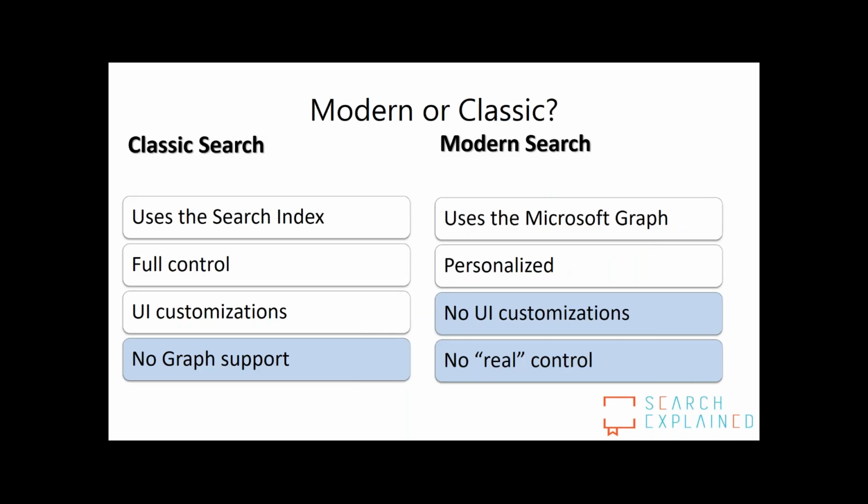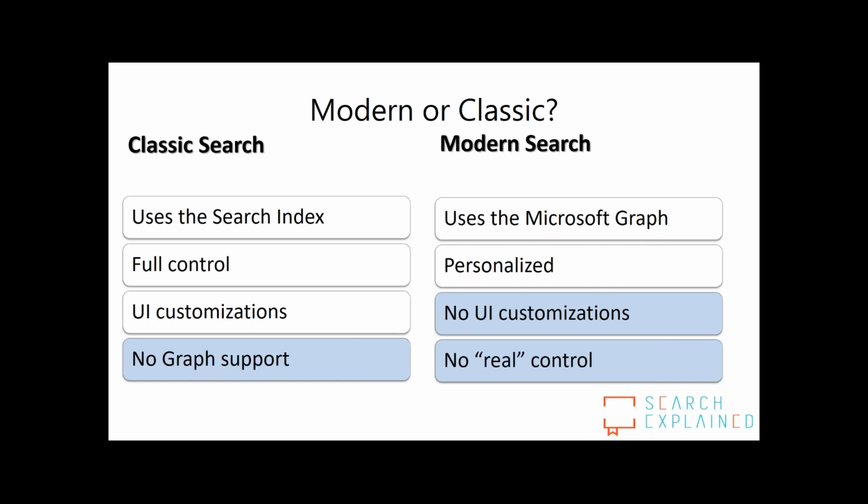Actually, if I wanted to compare those two, the classic search and the personalized modern search, this table summarizes everything. The classic search uses the traditional classic search index. You have full control and ownership over it. You can customize, you can configure it, you can customize the user interface, but there is no Microsoft Graph behind it.